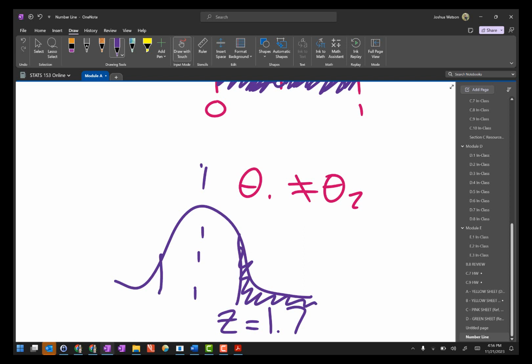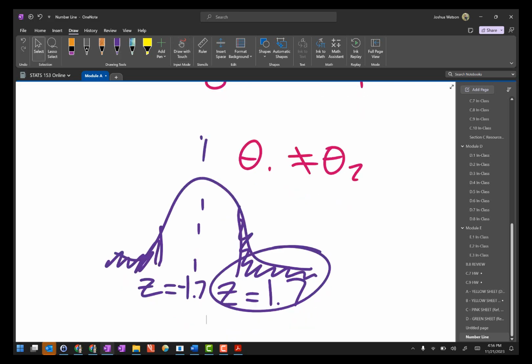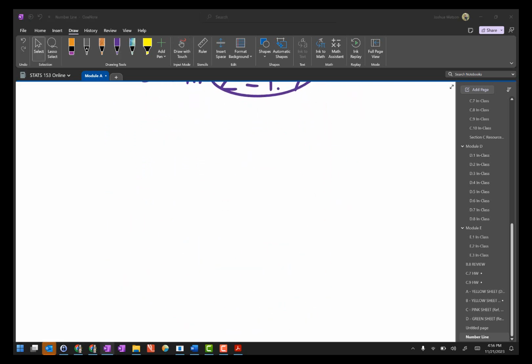And since this is symmetrical, you're also going to include everything less than z equals negative 1.7, which is over here. So that's a two-tailed test. It's symmetrical, and that is why you can multiply your one-tailed test by 2 to get the actual result of a two-tailed test that is testing on both sides. Right? Okay, so now let's see what a one-tailed test looks like.